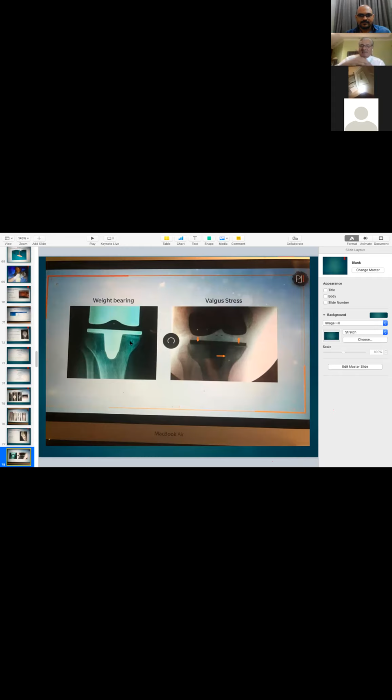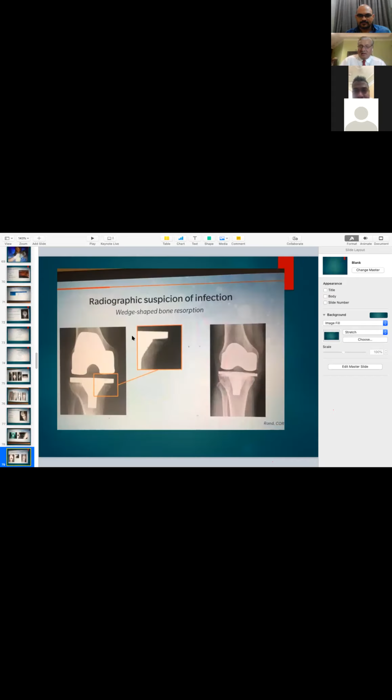and there is loosening between the implant and the bone cement. Even the radiograph helps diagnosis, because wedge-shaped bone resorption is a guide for us.